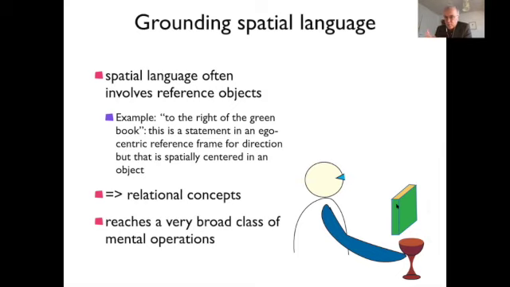It's an egocentric frame, so I keep it fixed. It's attached to the speaker. And these things are called relational concepts that have this property of having a reference object. They establish a relationship between two things, right? The reference object, we call the other thing the target object. So here the cup would be the target and the book is the reference object.